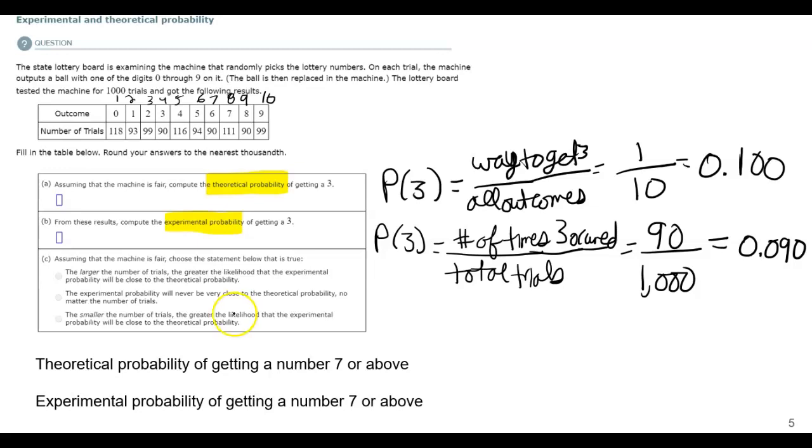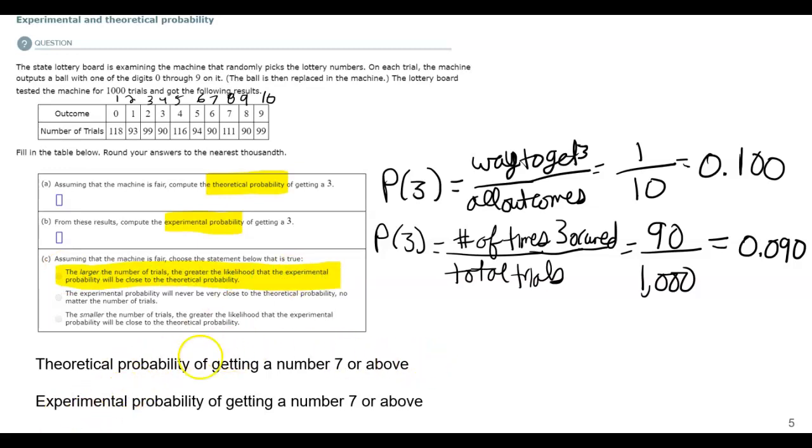So if we think about this, the more and more you do something, the more and more data you have, and it's not going to be as extreme. So our answer would be the larger the number of trials, the greater likelihood that the experimental is close to theoretical.